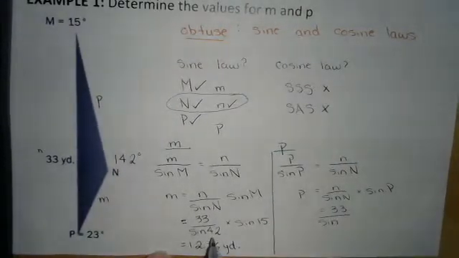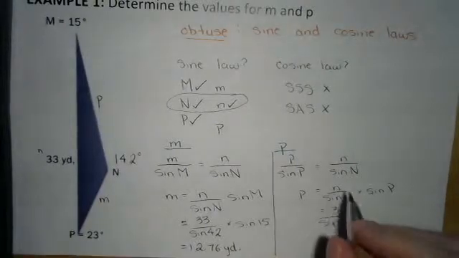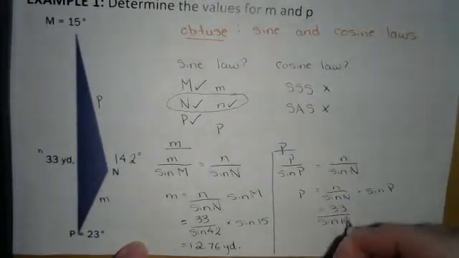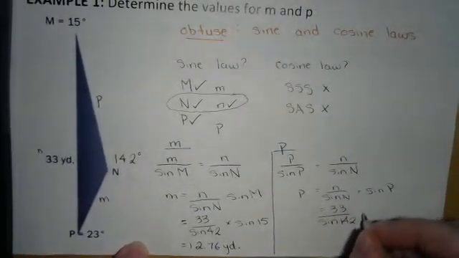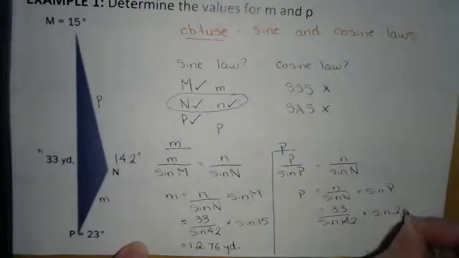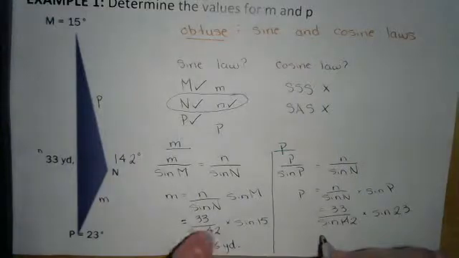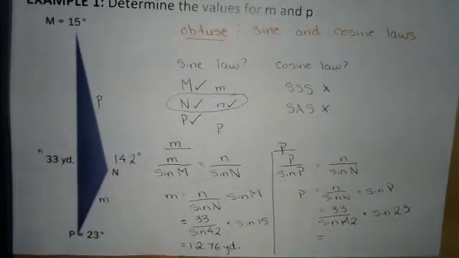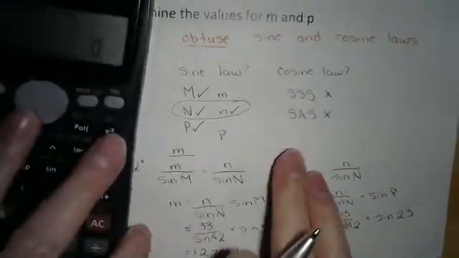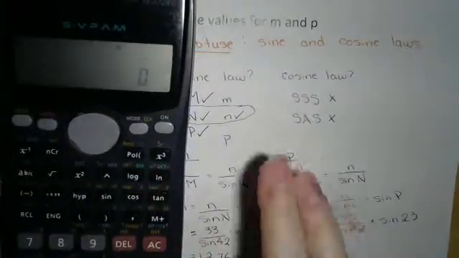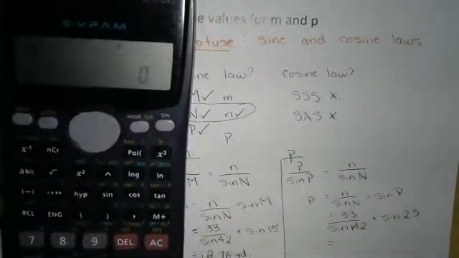Oh, that's the mistake I made. This angle isn't 42, this angle is 142. So I'll have to go back and fix my other calculation. Good thing I looked at this one and I didn't look at my other calculation to go back and fix it. Okay. So now we've got two calculations.